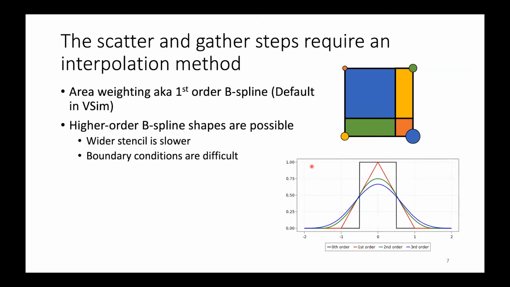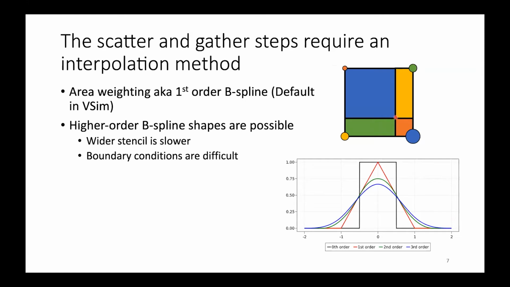Traditionally, or most commonly, an area weighting interpolation is used. And so I have a kind of schematic representation of how an area weighting interpolation works. We have 4 nodes here represented by the circles. And then imagine we have some charged particle sitting here at this intersection.